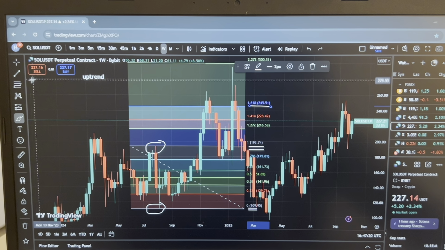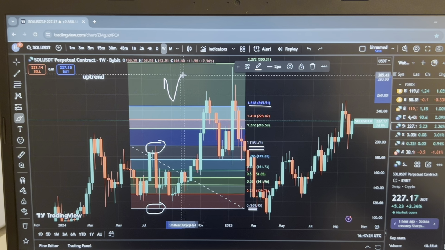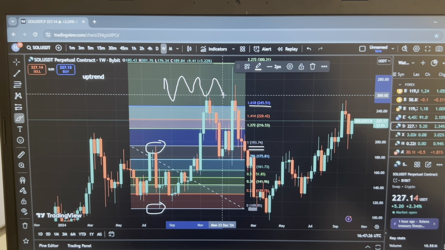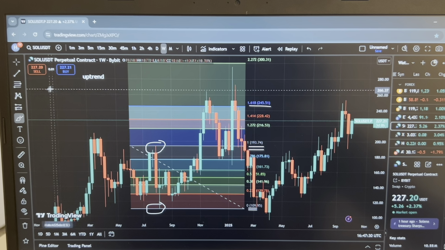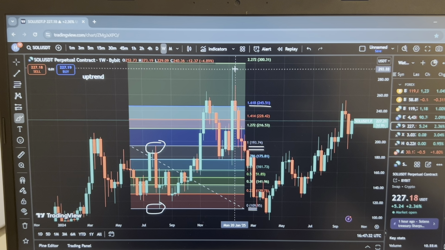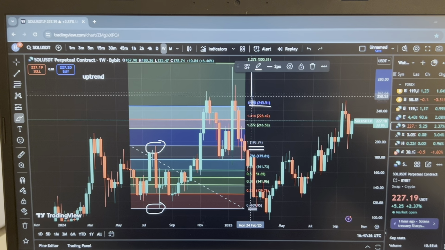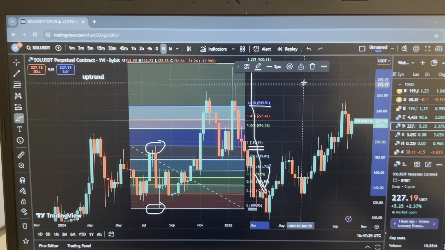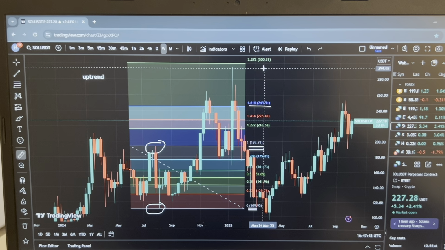Like I told you guys earlier, it might be in a consolidation phase in this level before going down. Just like I said before, it respected these levels and then it just went down. Just look how much it went down.